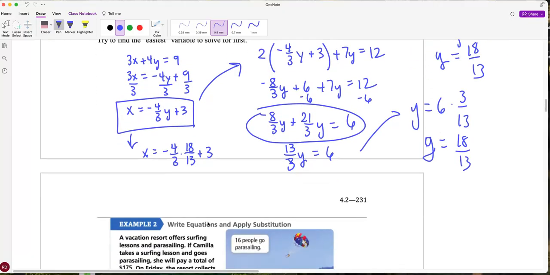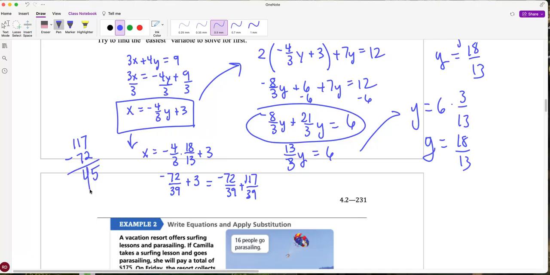Unfortunately, nothing cancels there. So this is what, negative 72 over 39 plus 3. So 3 times 39 is 117 over 39.